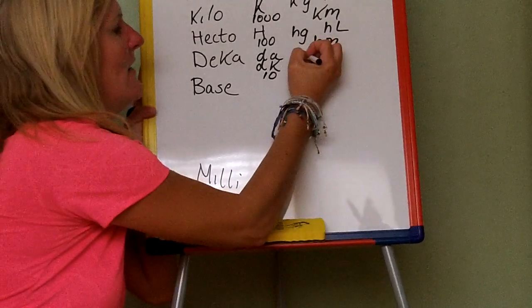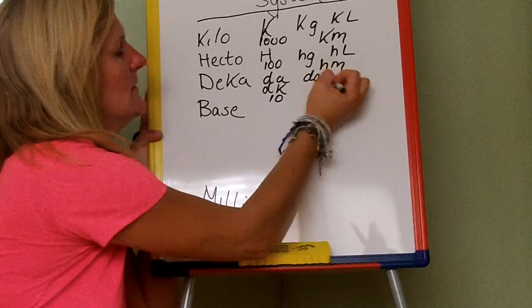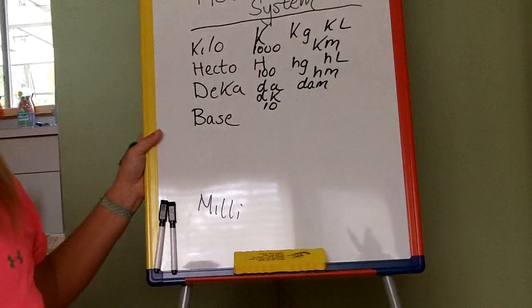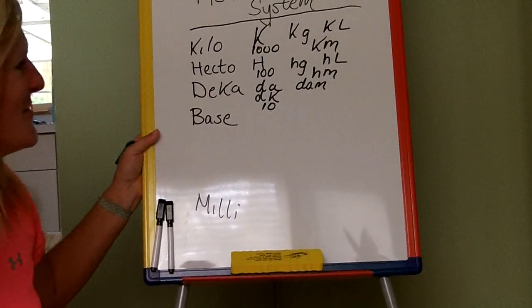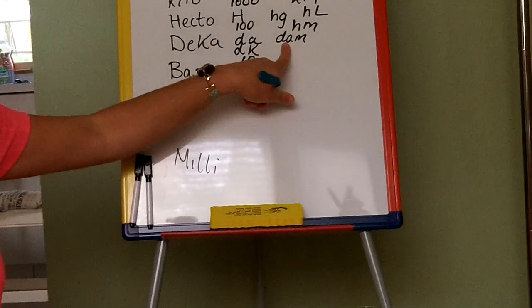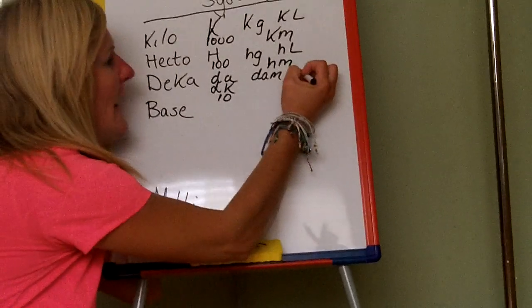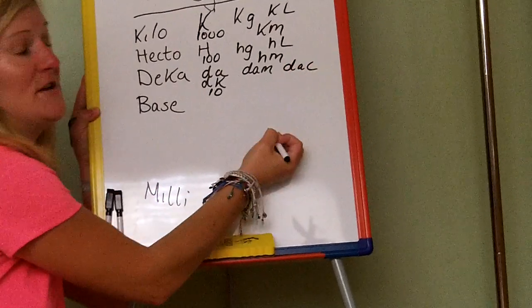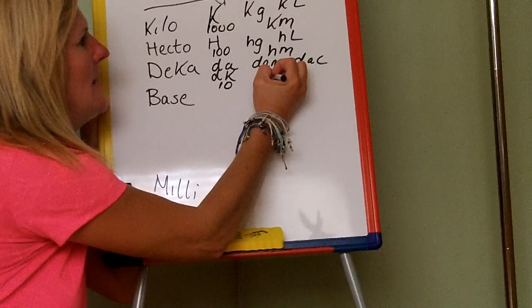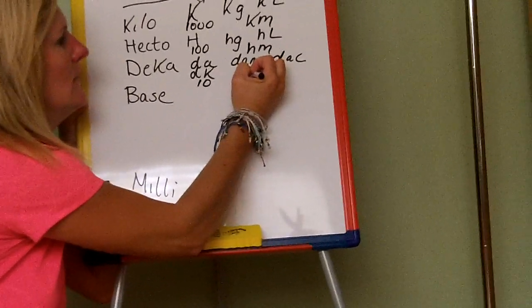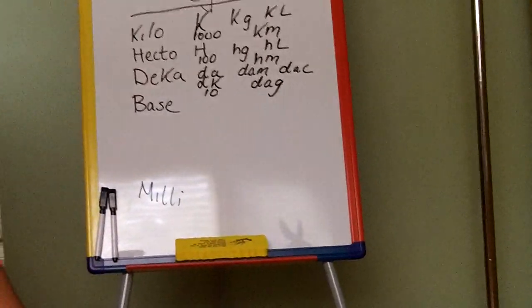So I could have a DAM, I'm not going to pronounce that because that probably is not the most appropriate thing to do. But I could have this if I'm measuring the distance of something. I could have DAL if I'm measuring the volume. And I could have DAG, DAG, if I'm measuring the mass of something.